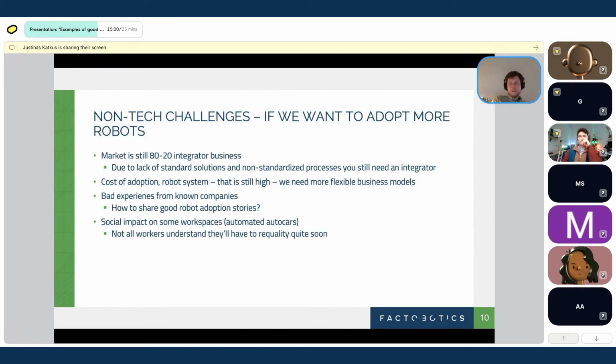Another thing, as I said, is that the cost of adopting robotic technology is still quite high. Then there are bad experiences, where we really need good robot adoption stories. And of course, the whole social environment: the impact on the workspace, and on how people feel about that.